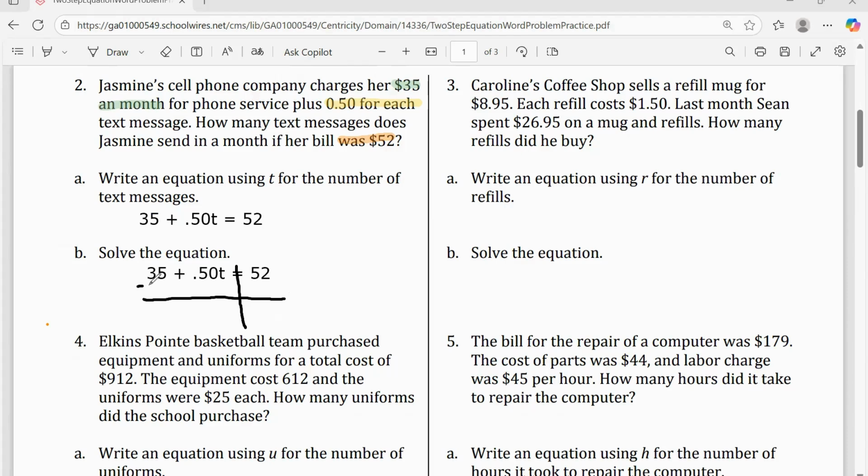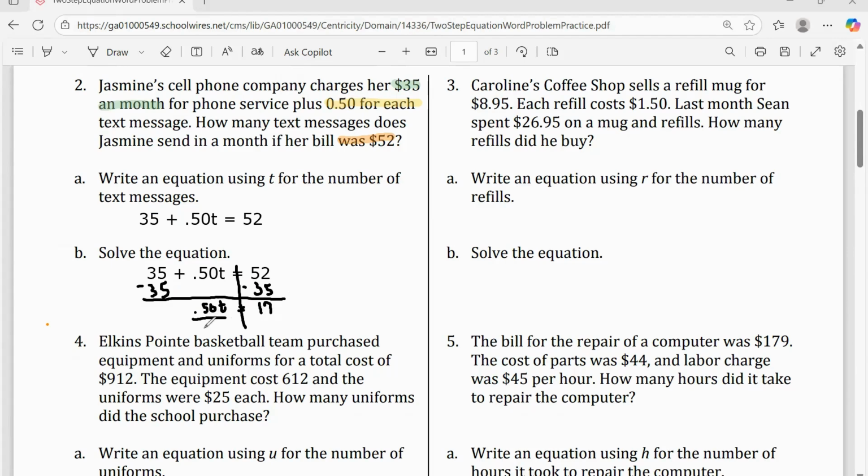So let's subtract 35 from both sides. Minus 35. Then I will bring this 50 hundredths t down, and then 52 minus 35 is 17.